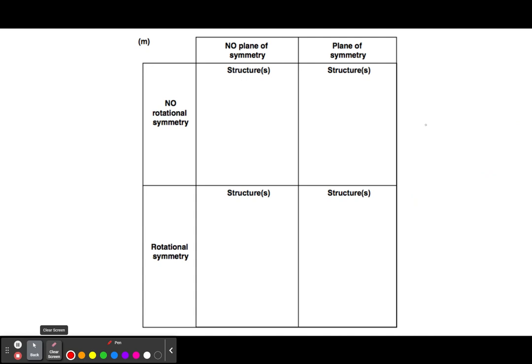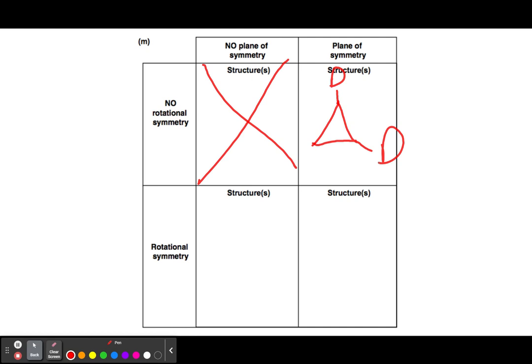Now, we've got to arrange those structures according to symmetries. And what you actually find, it's a bit of a trick question. None of them have both. So they all have a kind of symmetry. And then if you arrange it, this one was here. You also have 2 down here.